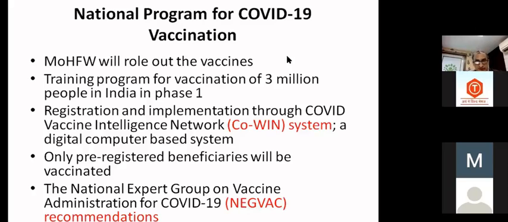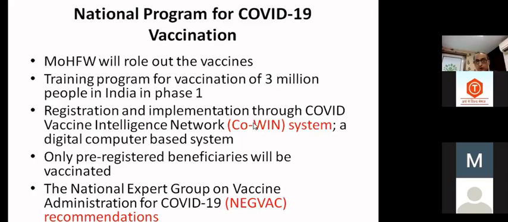First, the healthcare workers will get the vaccine, and then those in the front line, the police and CRPF personnel who are at the front line of COVID. Their names have already been given by various authorities.